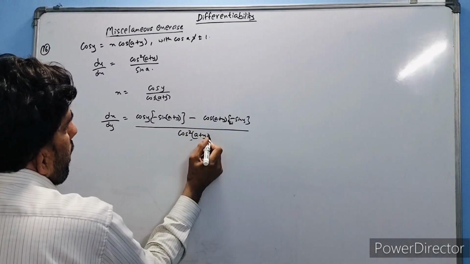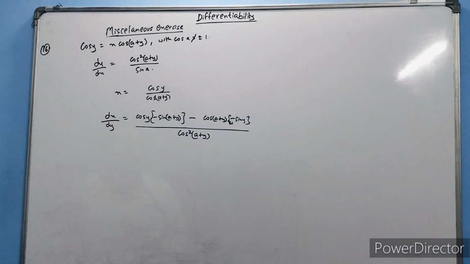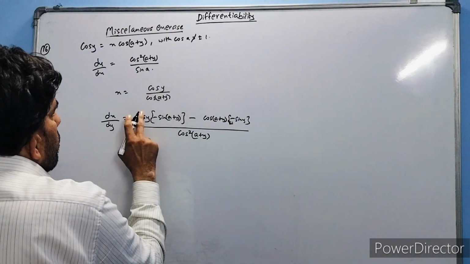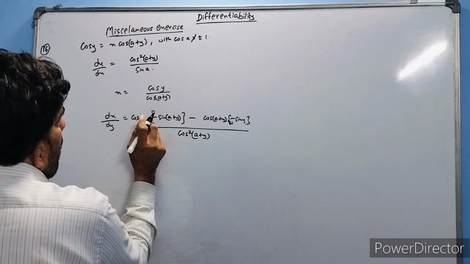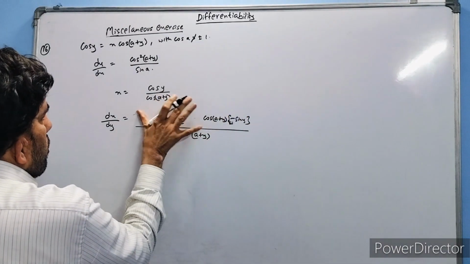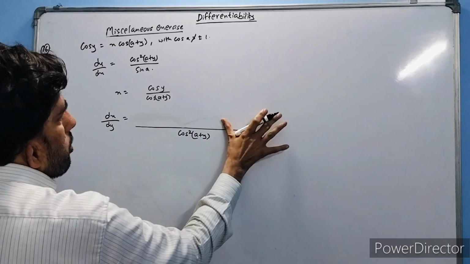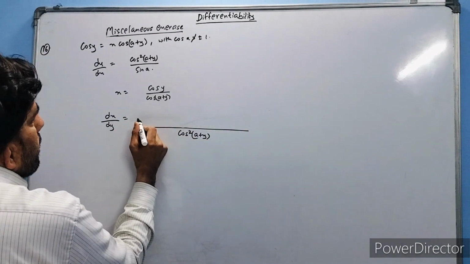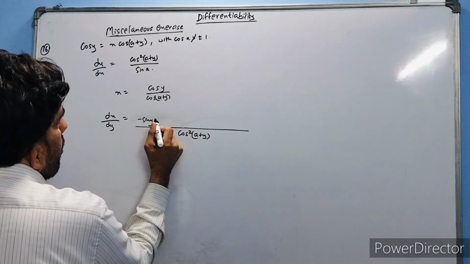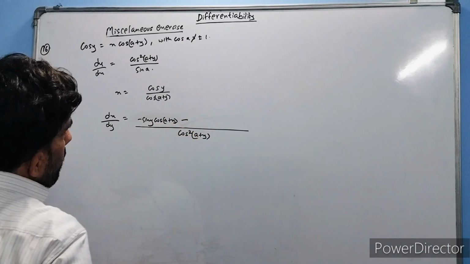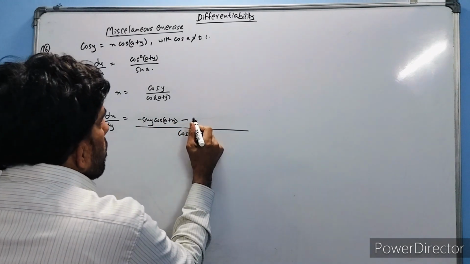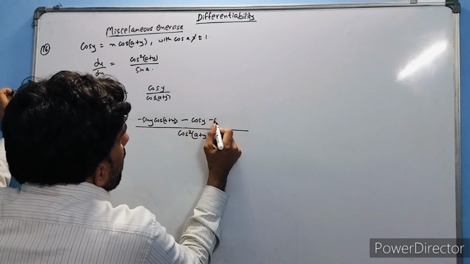Okay, so now we try to solve this. Removing all this will make it easier for us to put. So we have cos(a plus y) times differentiation of cos y, minus sine y, minus cos y times differentiation of cos(a plus y), minus sine(a plus y).